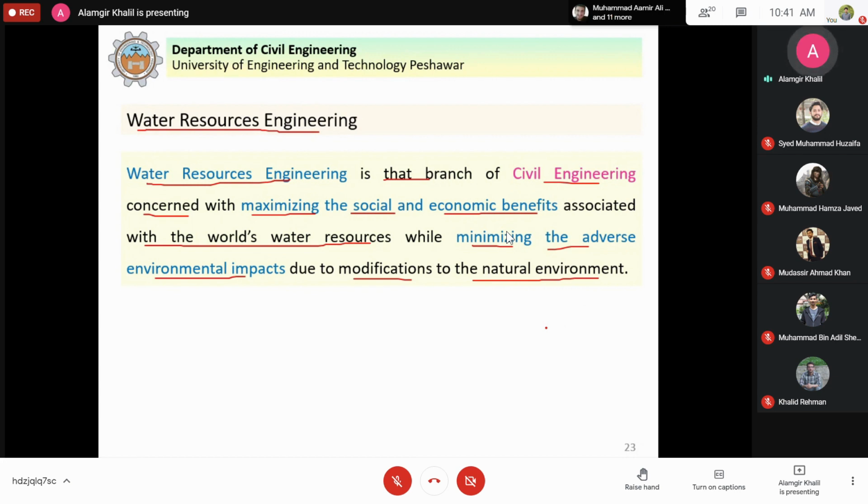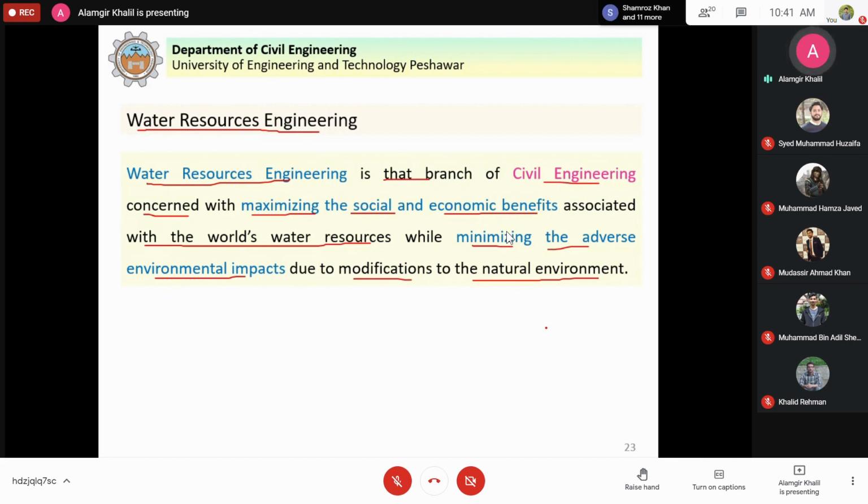Because we supply water to the crops, and also we use pesticides and fertilizers, and the same chemicals dissolve in water, and as the water infiltrates into the soil, it can join the groundwater and the groundwater can be polluted. So these are the adverse environmental impacts.